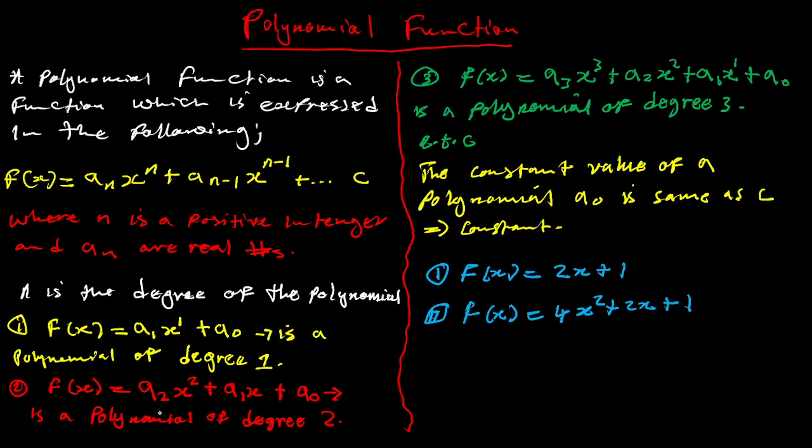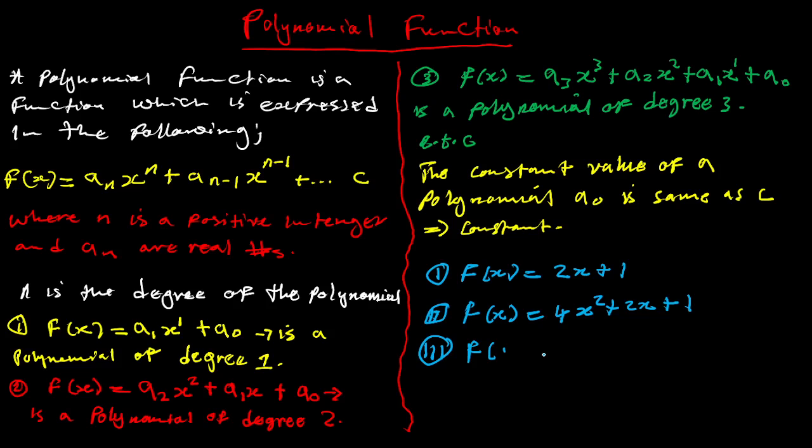The example for the third one can simply be f of x is simply equal to, let's say, 5x cubed and then plus 4x squared, and then plus 2x plus 1.